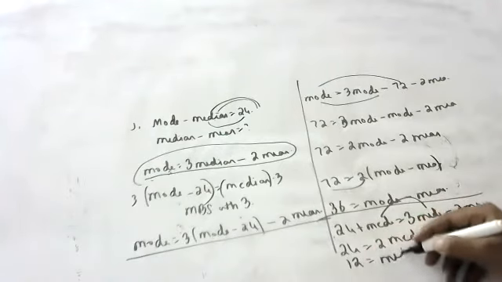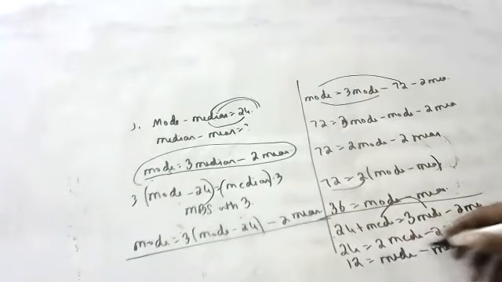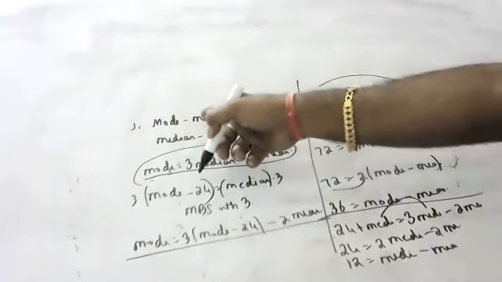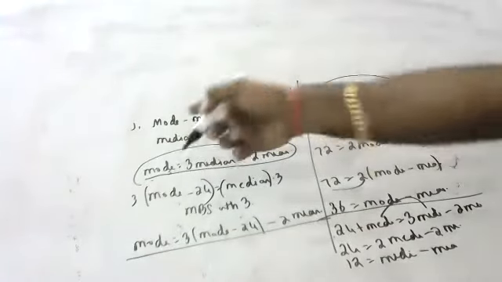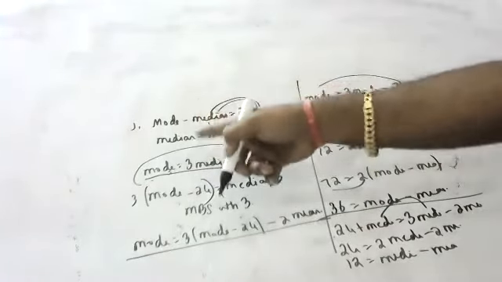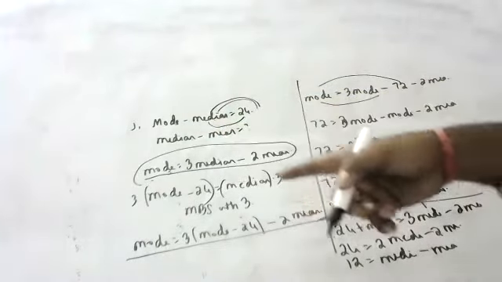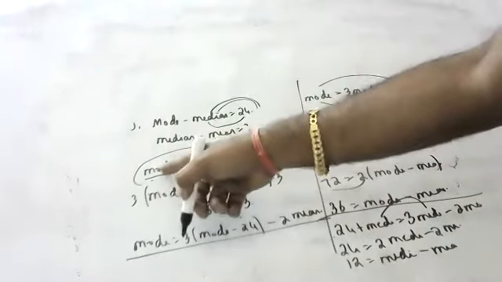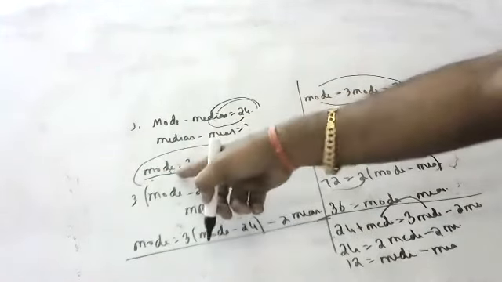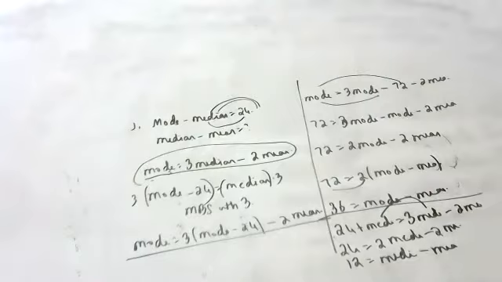So 12 is equal to median minus mean. To get median minus mean, we have to remove mode, so in this formula 24 plus median is substituted.